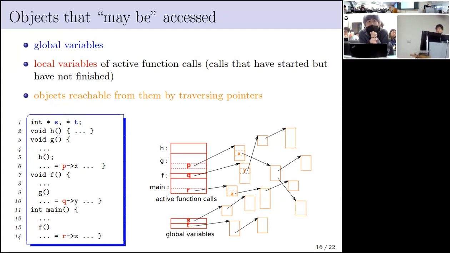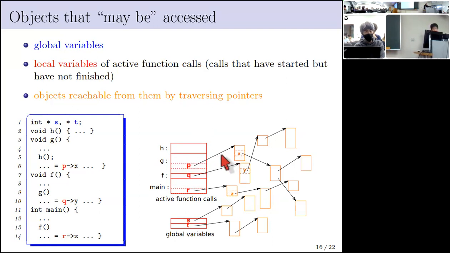This is a point I made in the quizzes in the beginning. If P is a pointer, P may be used, and this X field may be used. First of all, because P may be used, the memory block referenced by P may be used. And because P arrow X is used, the memory block referenced by P arrow X may also be used. So this object may also be used.